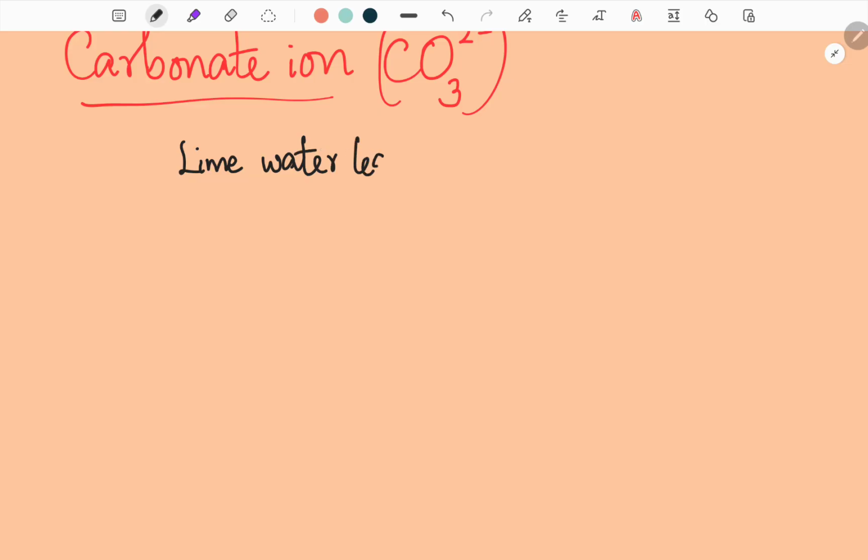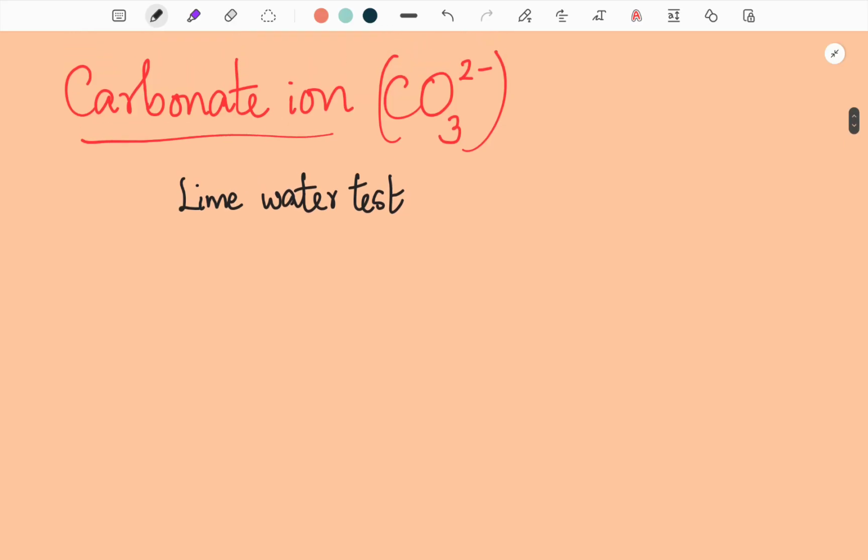Now, the lime water test is actually a continuation to the identification test which we learned. In the identification test, we added dilute HCl to the salt, and I told you you would observe a colorless, odorless gas coming from the test tube, which is carbon dioxide.